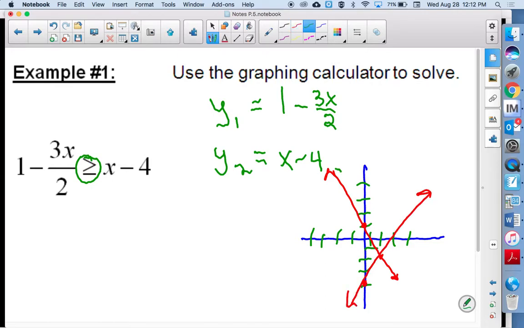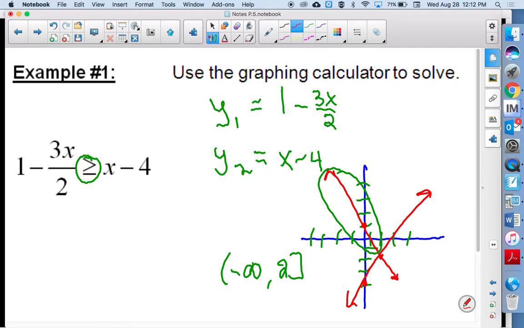So this is the little piece that we were looking at, and that piece is when x goes from negative infinity to 2. So I'm looking at the piece that's above the other line. So this piece is above my line x minus 4, and that exists from negative infinity to 2. Sometimes the algebra is actually easier to think about than looking at the graph.